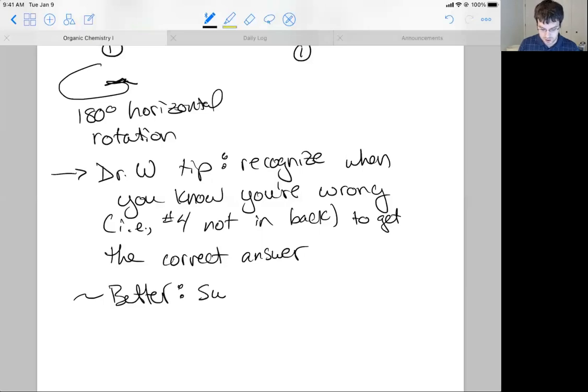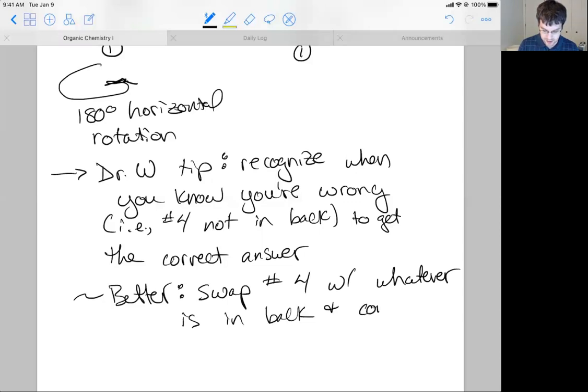What you want to do is swap number 4 with whatever is in back and connect 1 to 2 to 3, which gives you R or S, and then take the opposite.